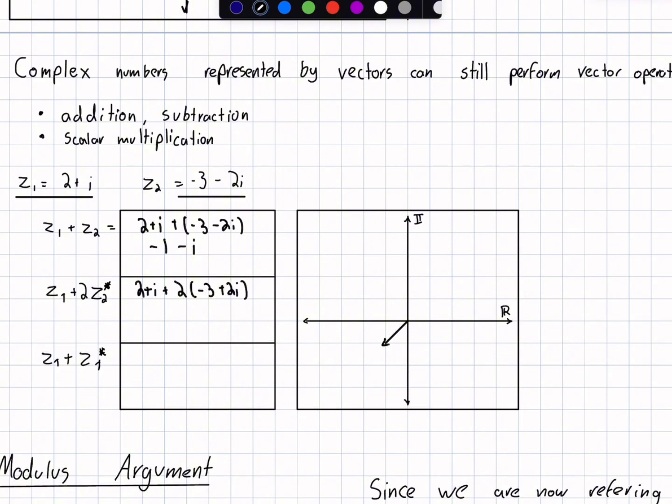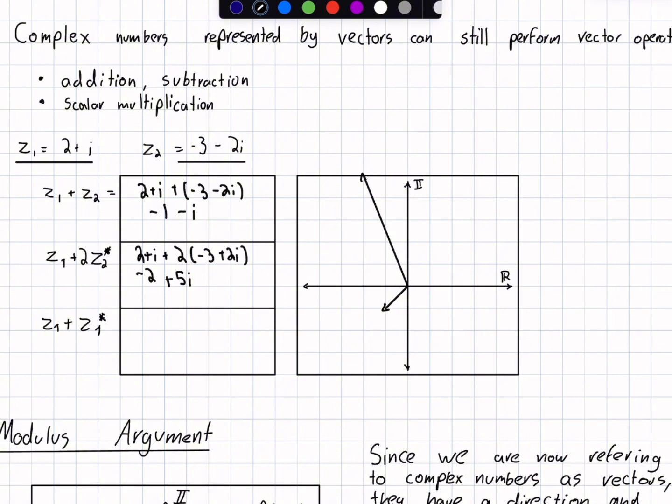We will get 4, we will get negative 2 plus 5i, and that will be here and here. Now, if we just get z1 plus the conjugate of z1, you may remember that it is 2a, which is equal to 4. So it will simply go like this.